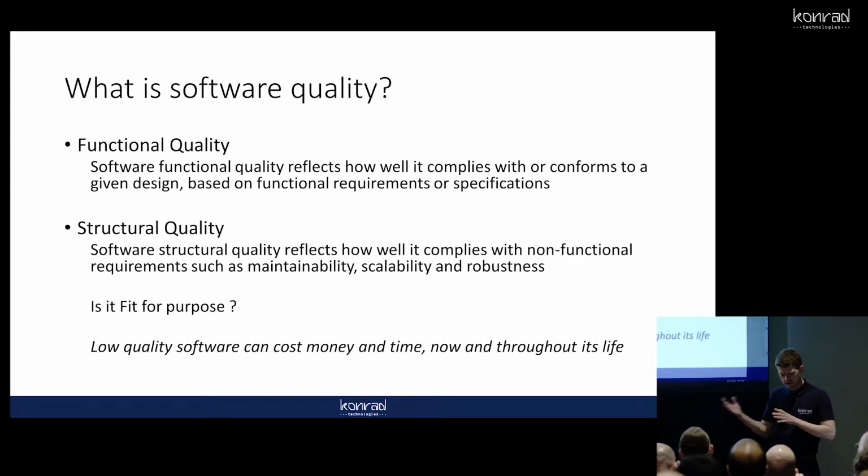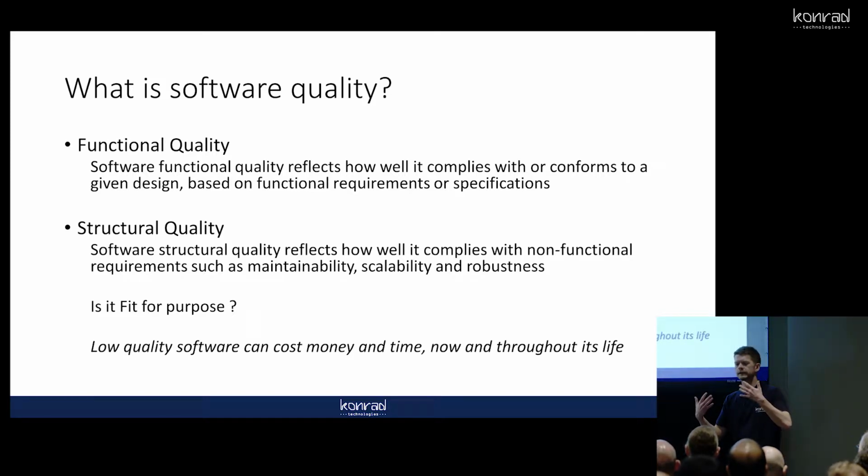So let's backtrack a little bit before we talk about the specific tool of VI Analyzer. Let's talk a little bit about software quality. What do we mean by software quality? Well, I think we can break it down into 2 areas. We can talk about functional quality and structural quality. Functional quality really gives an order of merit to how well a piece of software meets a requirement or complies with its design or the functional requirement specification.